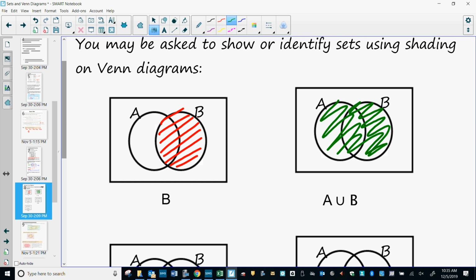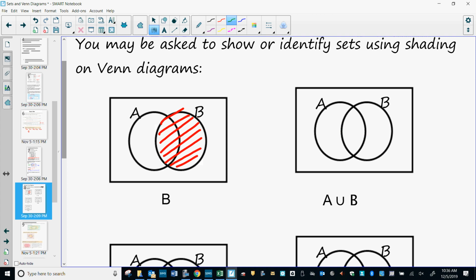Jodie, does it matter if there's no differentiation between A and B? How do you mean? Like, when you try and do B one way and A the other way? No, not when we're talking about A union B. Whilst we know that A union B means everything, I'm actually going to go back and shade this in a slightly different way, because unions are nice.